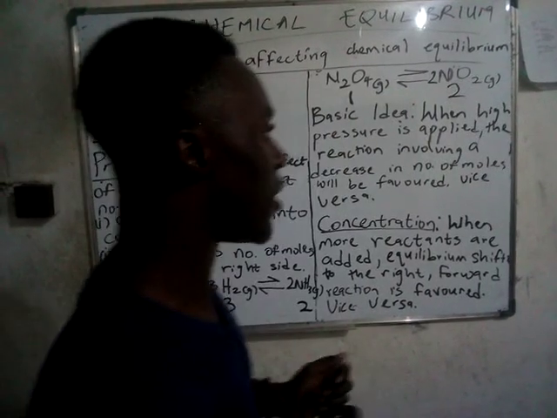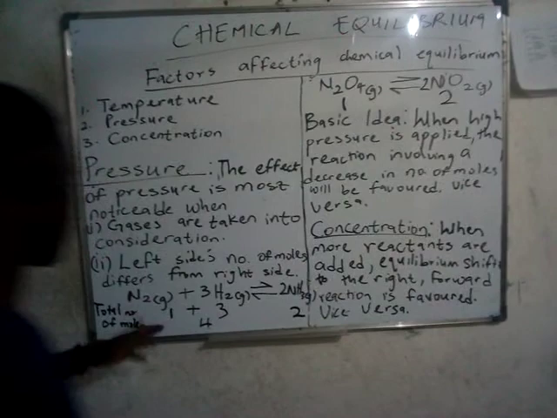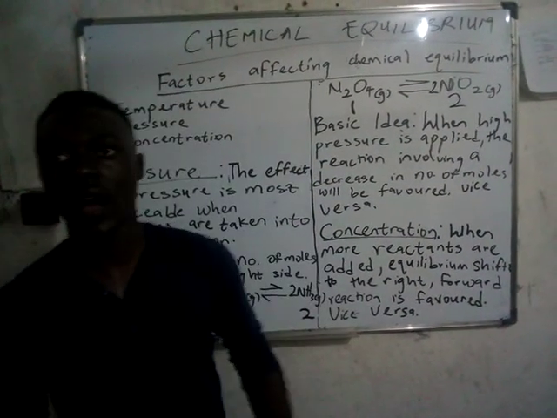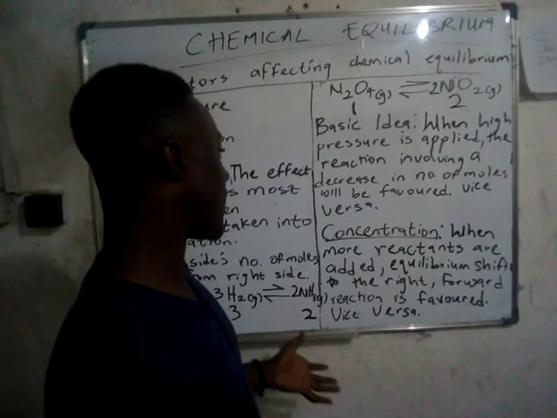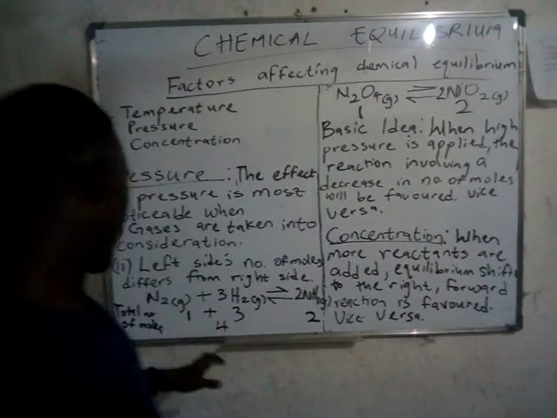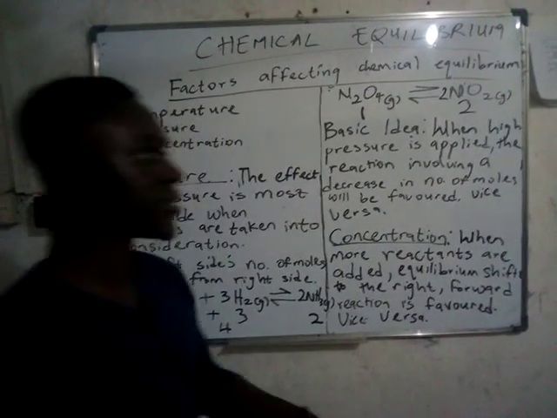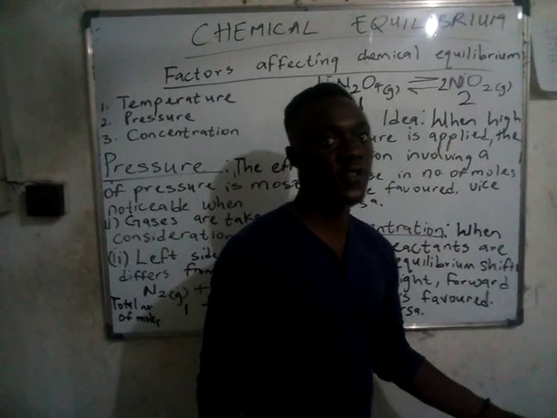Let's say the molar concentration, for example. In the first scenario you have 5 moles per dm cube of the reactant, and then for the product, let's say you have 2 moles per dm cube as the concentration.